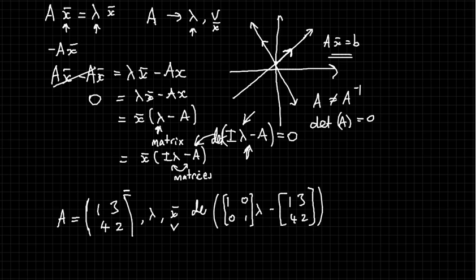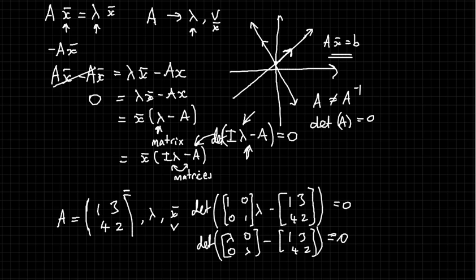So we're going to put it into the form that we've just derived. We're going to have the identity, which is going to be a 2 by 2 matrix, times lambda, and that's going to be subtracted by [1, 3; 4, 2], and we're trying to find the determinant of this is equal to 0.